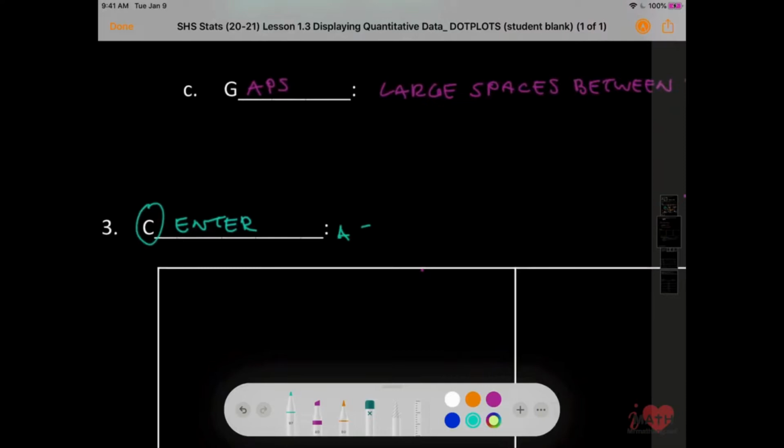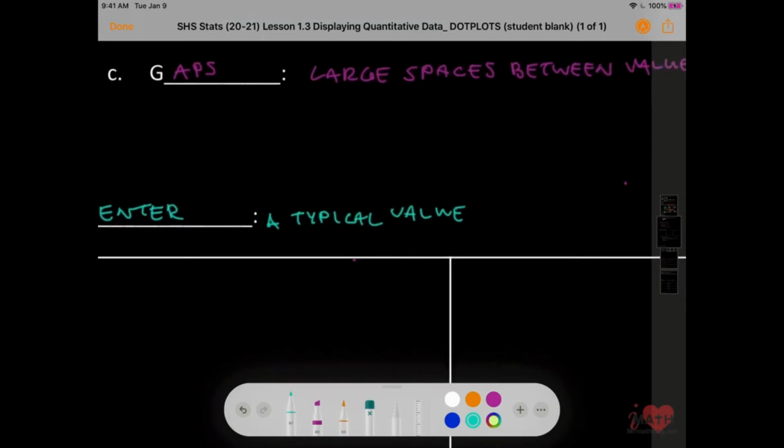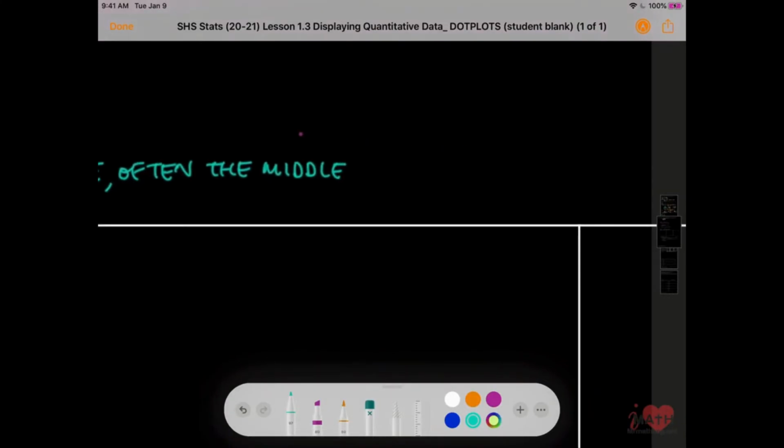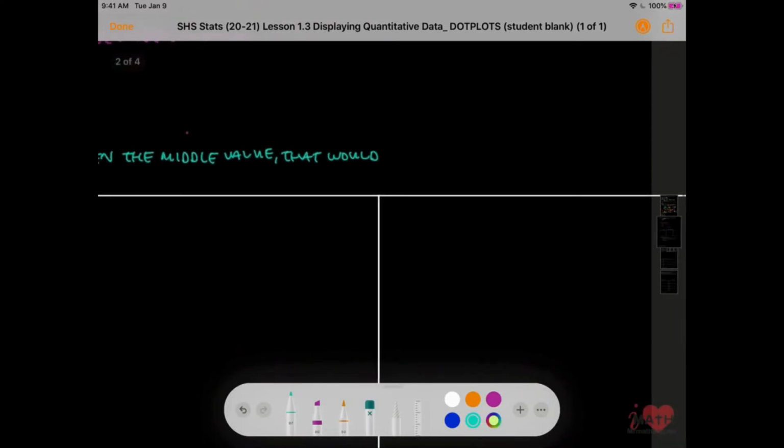A typical value off in the middle, a value that would best describe the distribution.